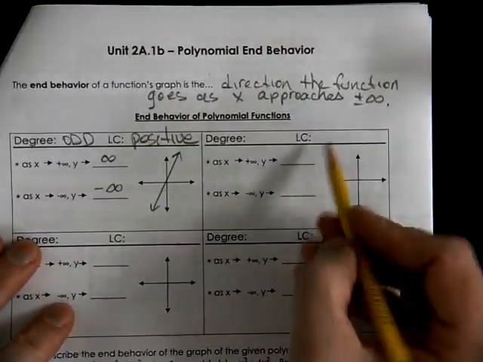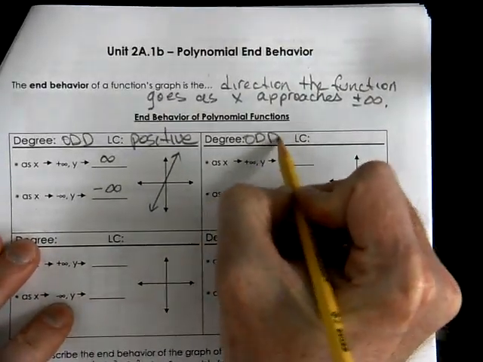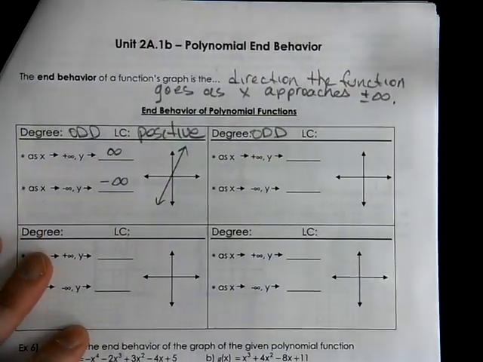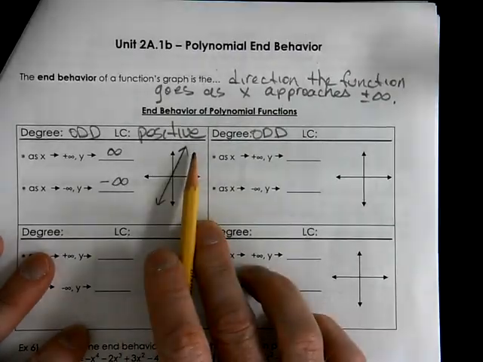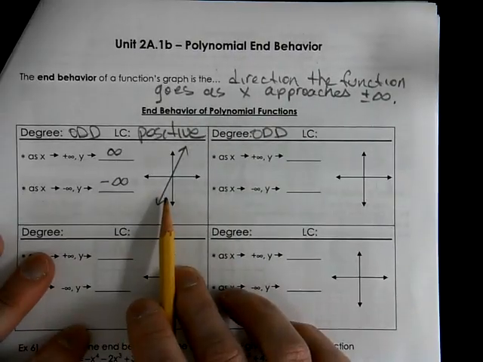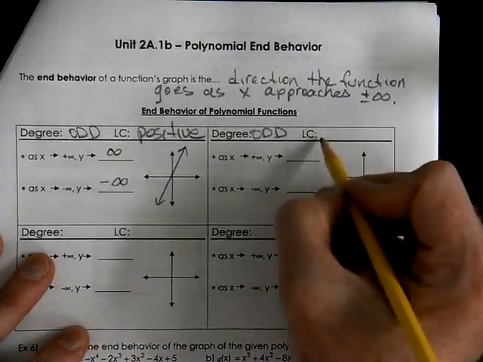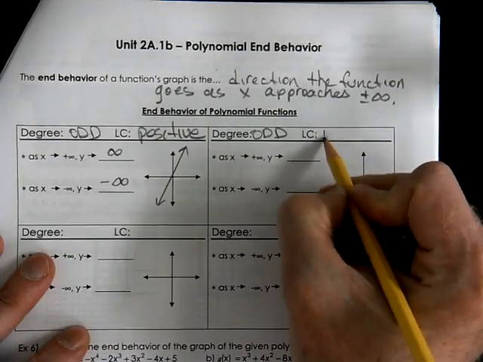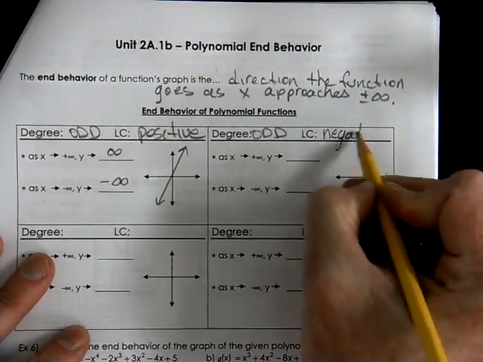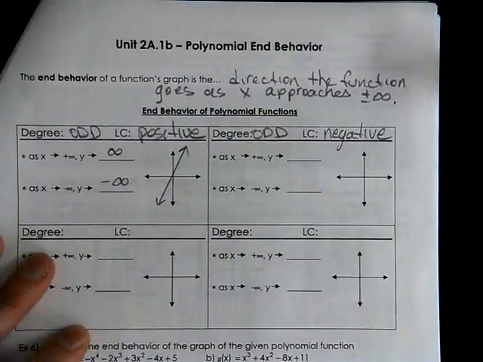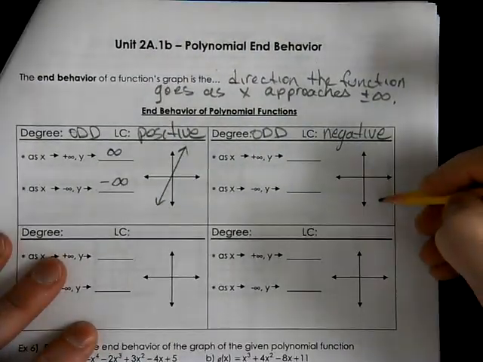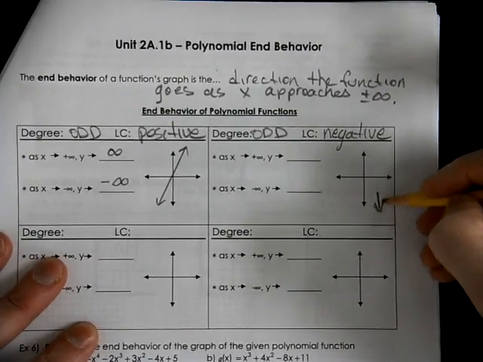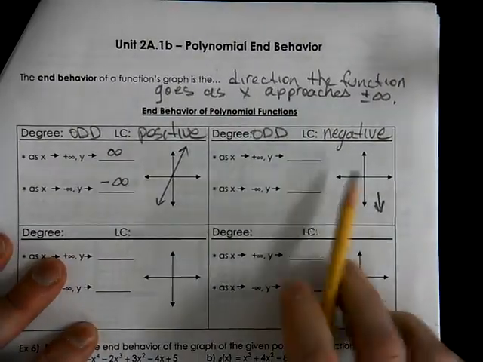On this side, we're looking for another odd degree. So we're recognizing the pattern that odd degree is going to open up in opposite directions every single solitary time. But now we're going to look at what happens when we have a negative leading coefficient. A negative leading coefficient is going to fall to the right.